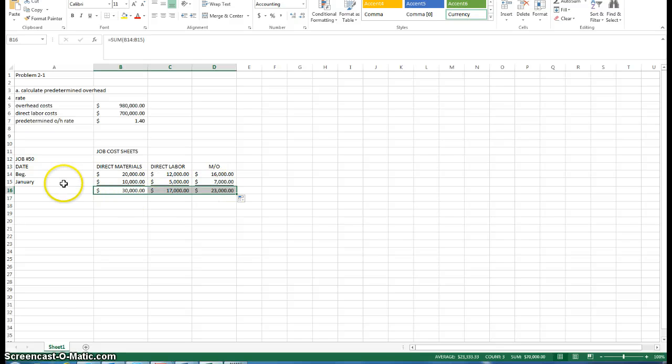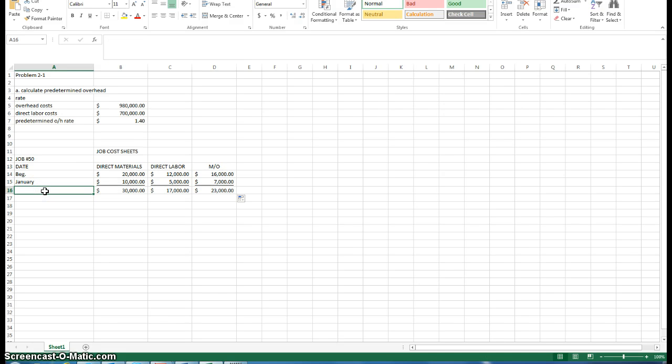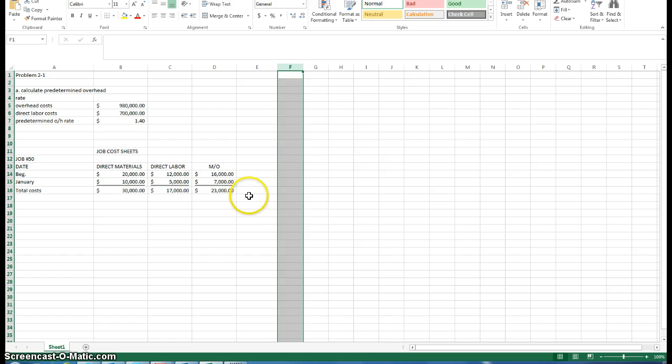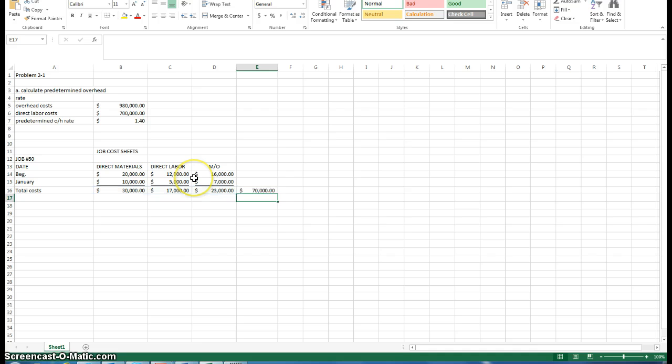So if we took all these three costs and I'll create a formula here, or a sum here, we're going to have total costs for job number 50 of 70,000. So that's for job number 50.